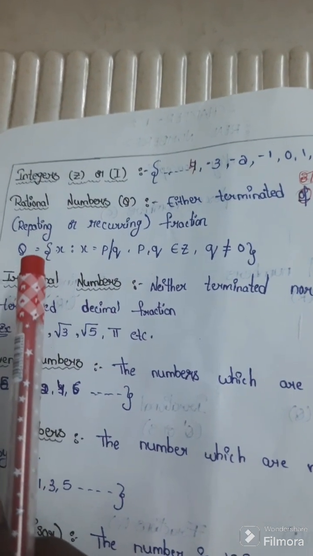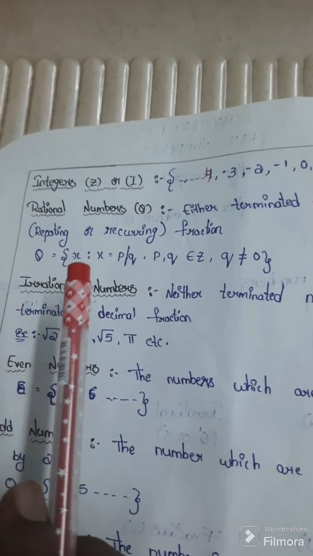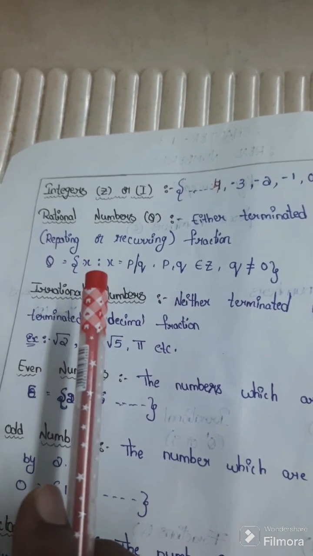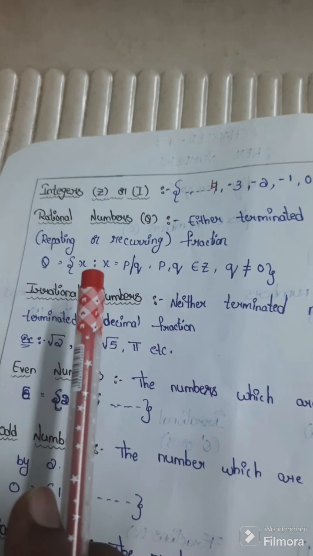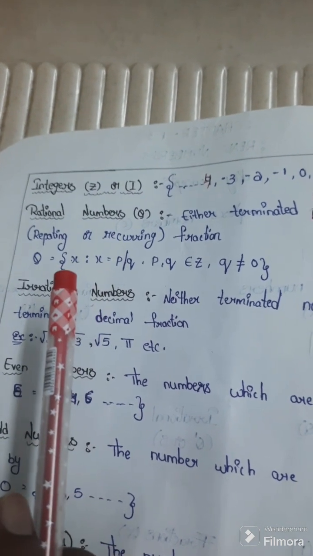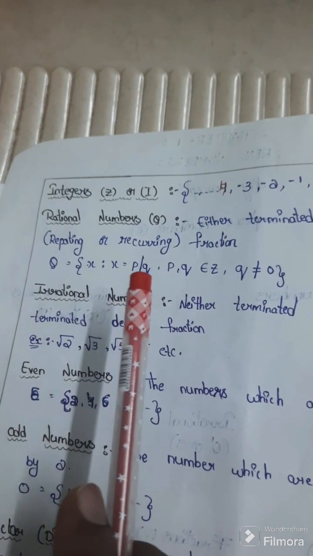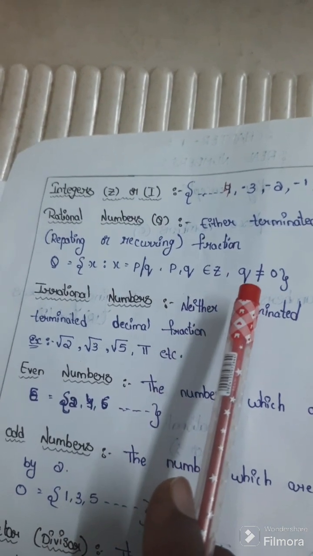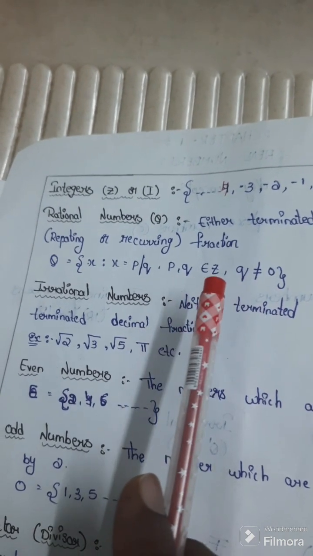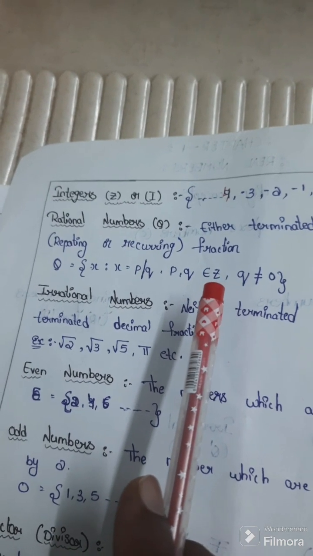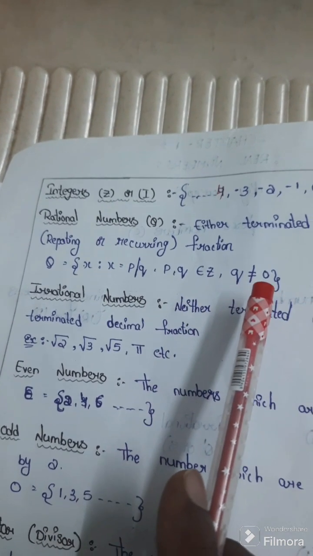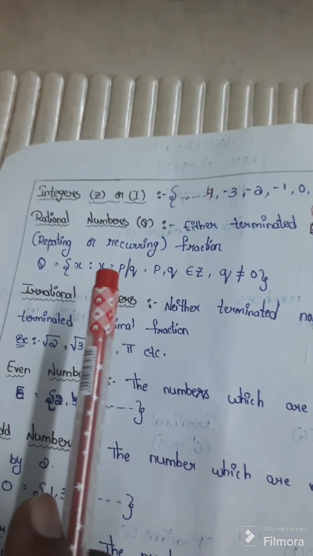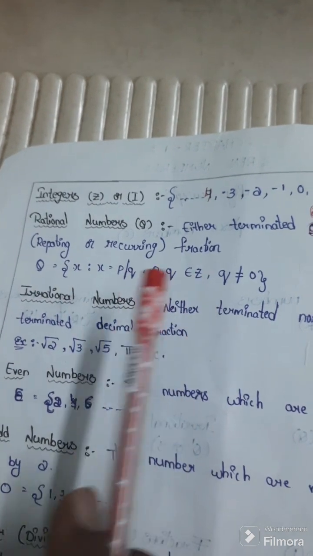Q means quotient numbers: x such that x is equal to p by q, where p, q belong to Z and q is not equal to 0. Z here means integers. Why is q not equal to 0? Because if q is 0, an undefined number comes. So a rational number is represented this way.